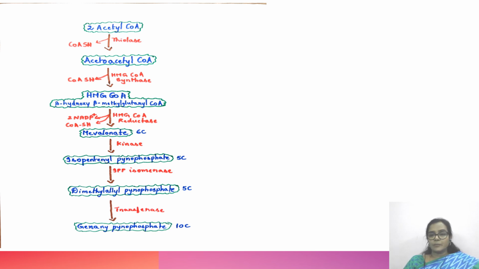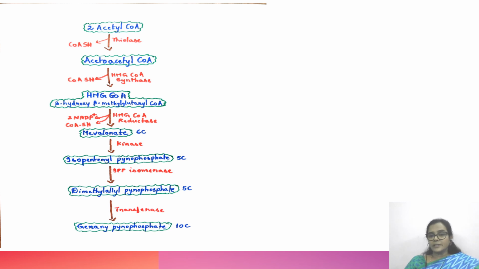Acetyl-CoA is the precursor for cholesterol biosynthesis, and we know how the body gets this acetyl-CoA. During glycolysis, pyruvate is formed. That pyruvate gets converted to acetyl-CoA, and not only that, certain amino acid degradation will yield acetyl-CoA, and also oxidation of fatty acids will also give acetyl-CoA.